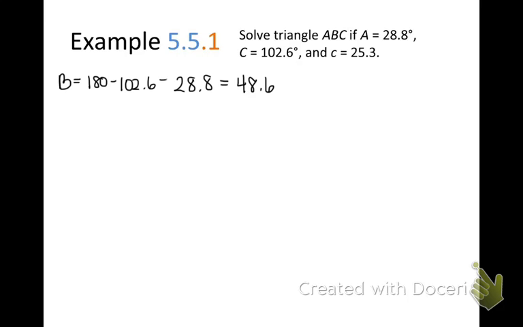So now I have all three angles. I'm missing two of my sides, right? I can find any of the sides pretty easily by using the law of sines. So let's say that I want to find side B. I would put little b over what?